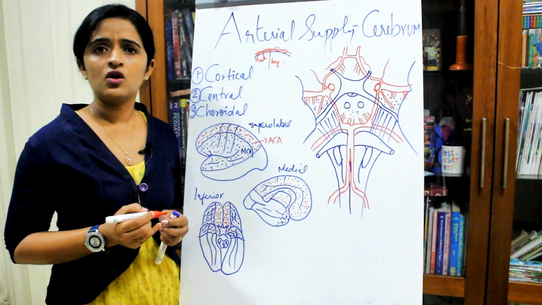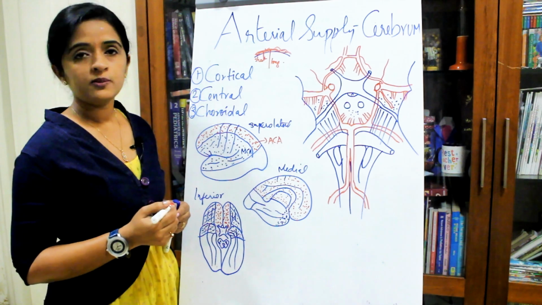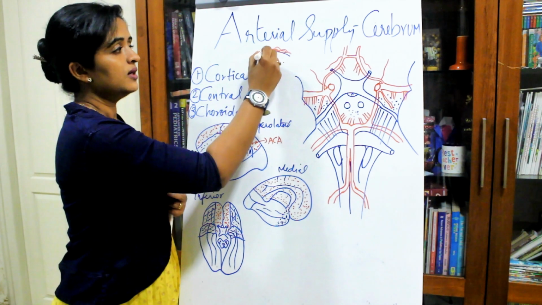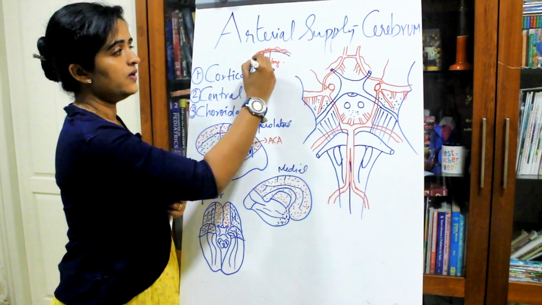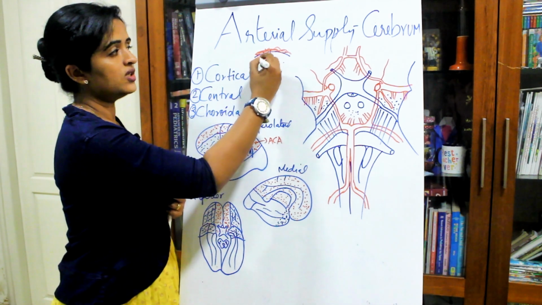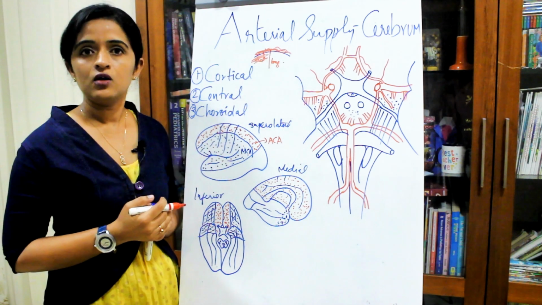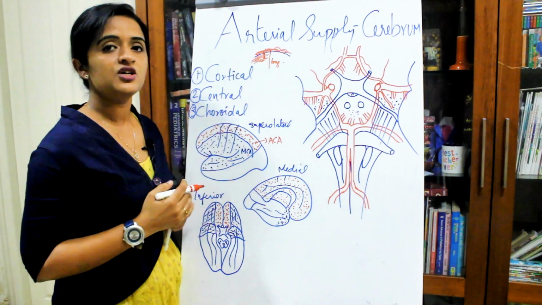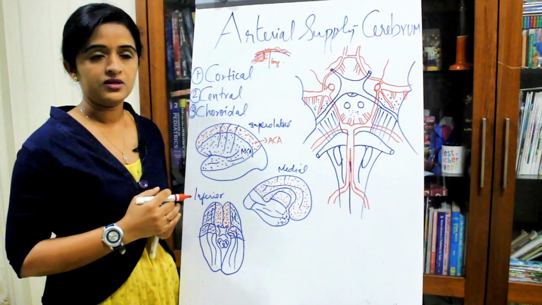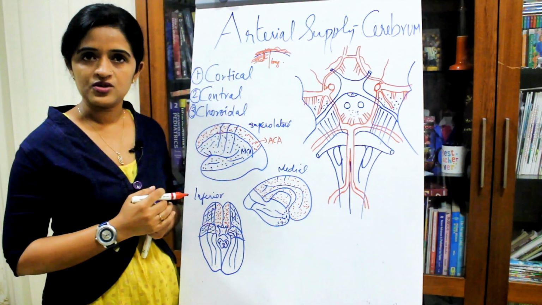Why are they named short and long? Short means they won't come into the inner aspect of the cerebrum. That is, they will be confined to the outer aspect of the cerebral cortex. That is the reason why they are known as short cerebral arteries or short cortical branches.